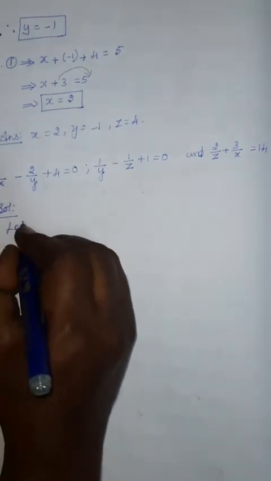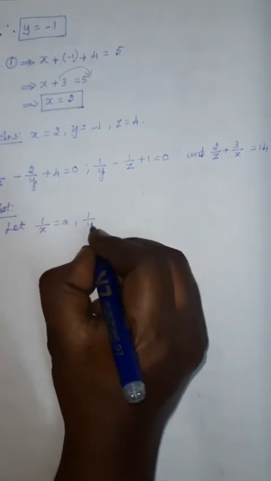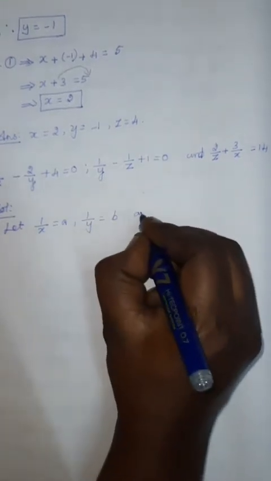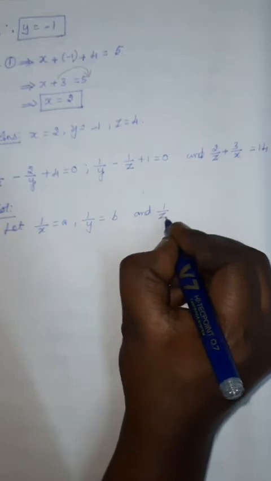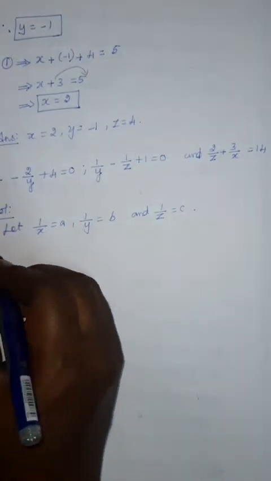So let 1 by x is equal to a, 1 by y is equal to b, and 1 by z is equal to c. So how to do it?